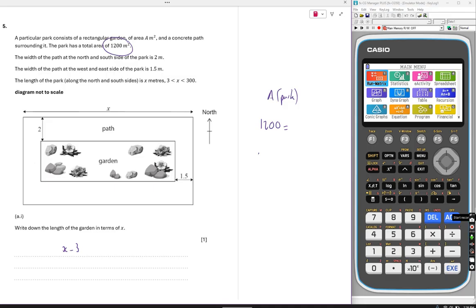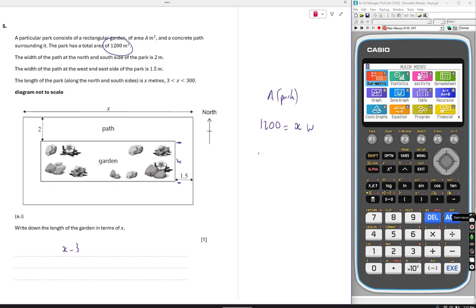So the length of this park is x meters, so I'm going to have x, and the width of the park, let's just say is w. However, what we are interested in is the width of the garden. So the garden is just this part in here.